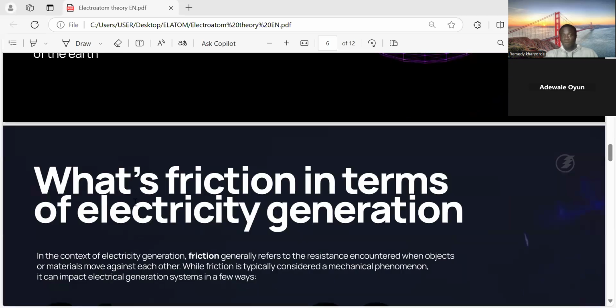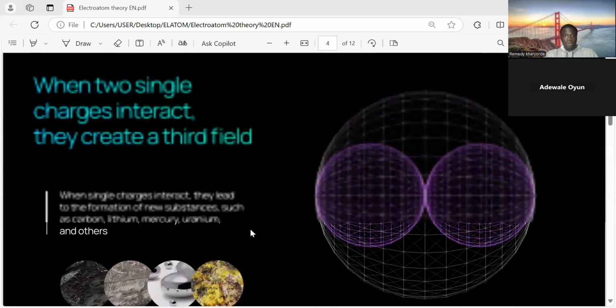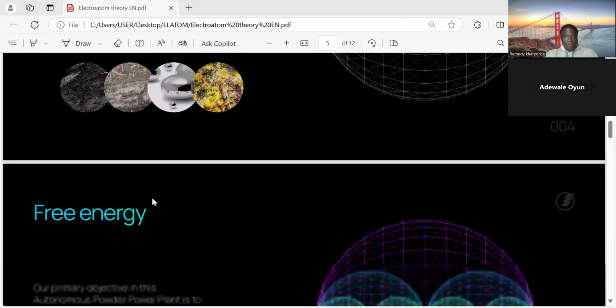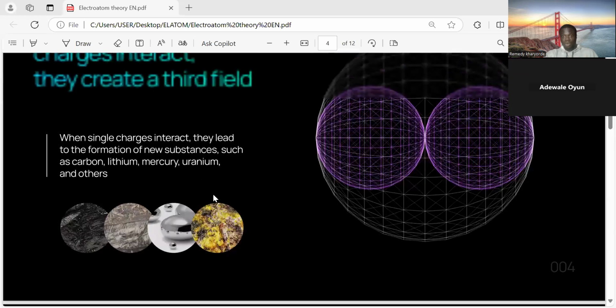So what is friction in terms of electricity generation? We said here that we are focusing on using the electromagnetic field of the earth and friction to restore our powder back to its 5% has been estimated, because the closed loop that we're building is generator plants that run mainly on powder, and you'll be able to use the powder for a duration of 6 to 8 months without refilling it or sprinkling the powder.